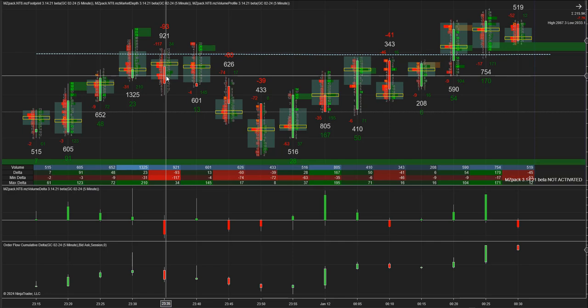And those people who want to sell aggressively don't get a chance to, because the price is moving up too fast, and some buy limit orders remain in place. They don't get executed because the sellers don't get a chance to sell. Buyers are aggressively buying from the sell limit. That's what happens. So now that we know what the imbalance is, let's see it on the footprint chart.